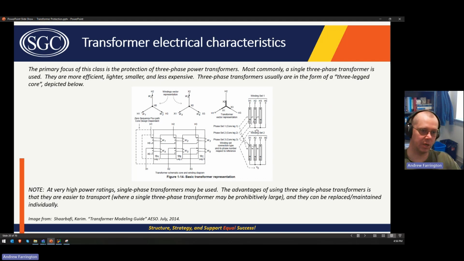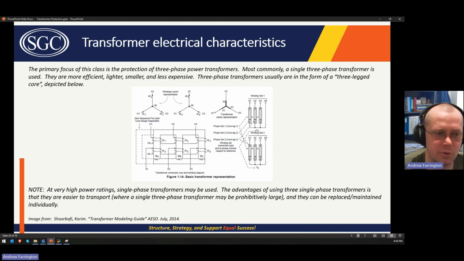You can bring in that other single-phase transformer and replace the one that's missing, and then start transmitting power again. Or maybe you have to take one out for maintenance. You can maintain them one at a time without very prolonged outages for the transformer. So those are the two big reasons why you might see those in large power transmission applications.